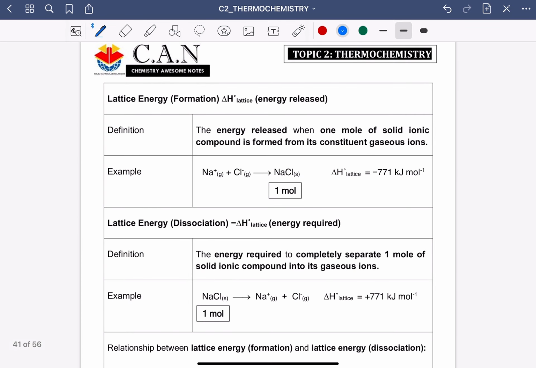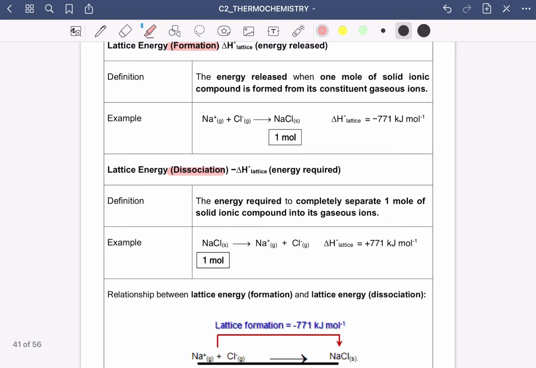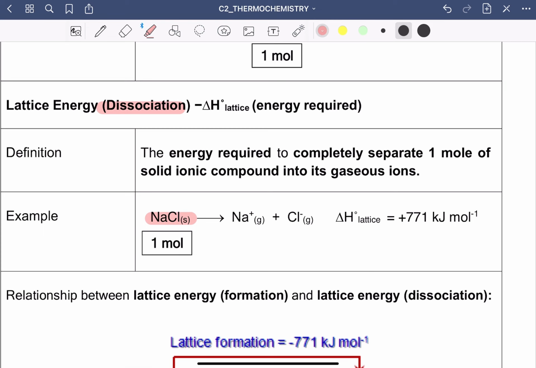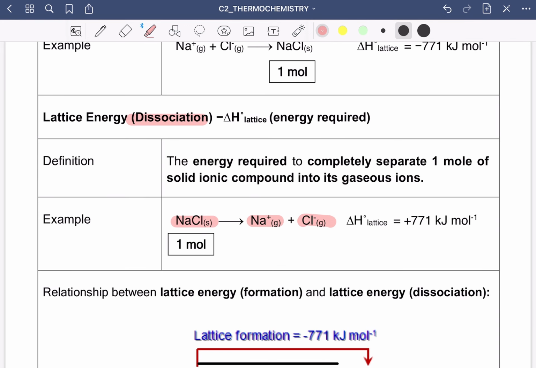There are two types of lattice energy: the lattice energy of formation and the lattice energy of dissociation. Lattice energy dissociation of sodium chloride is when it breaks into sodium gaseous ion and chloride gaseous ion. So this is lattice energy dissociation.